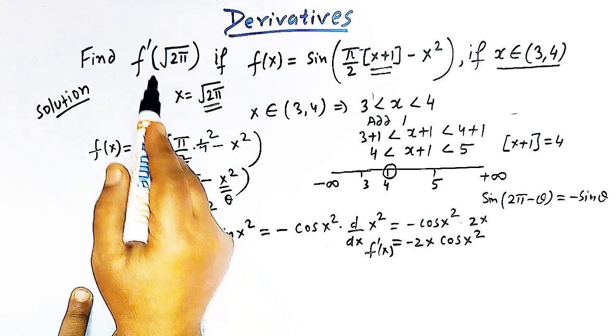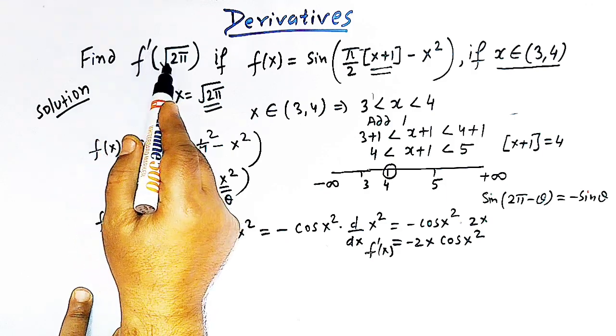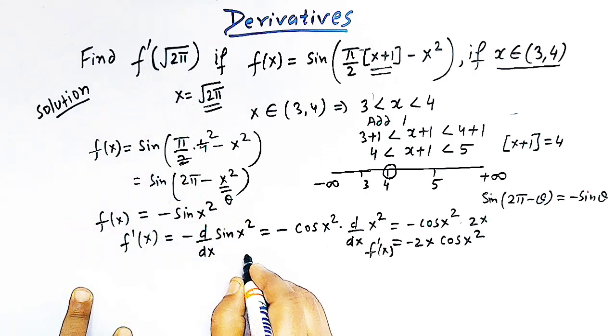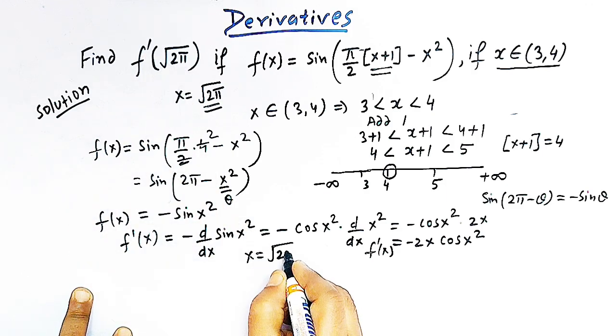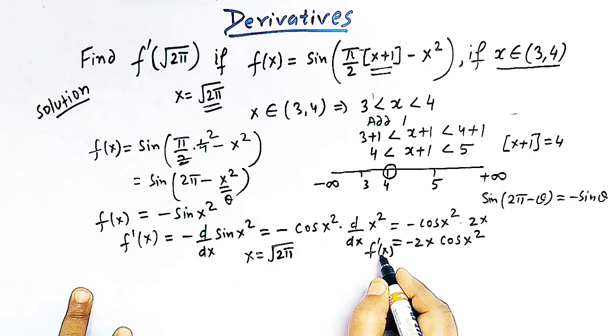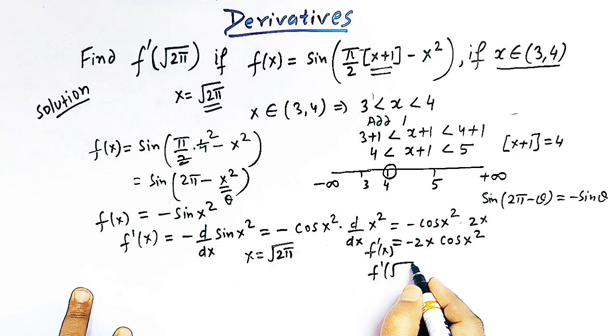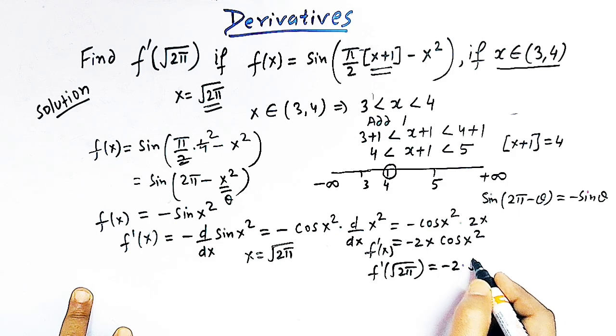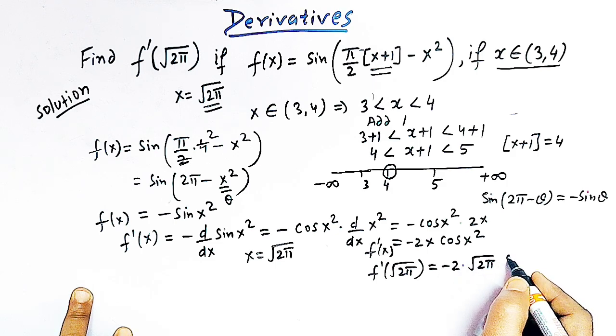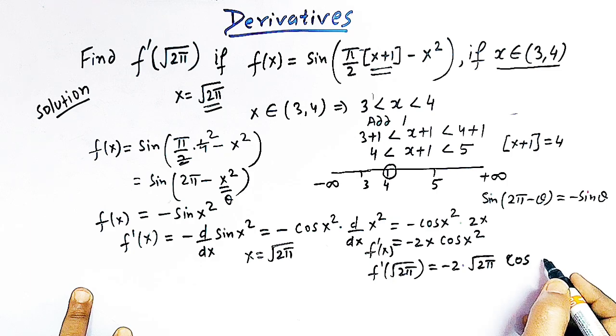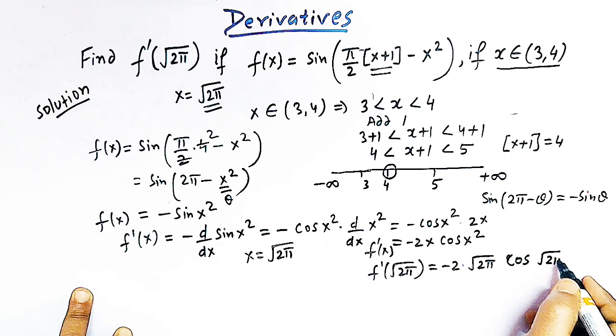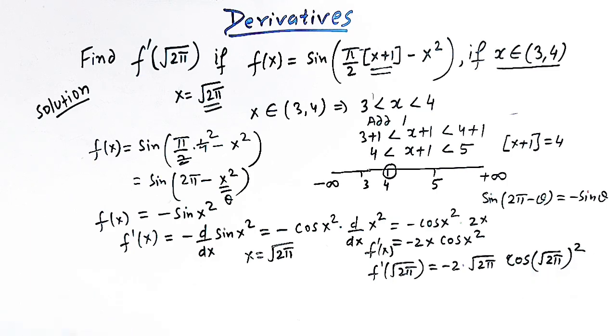So now to get the value of f prime of square root of 2 pi, let us substitute x is equal to root 2 pi. So we have here minus 2 times square root of 2 pi, and here we have cos of root 2 pi, and here we have square.